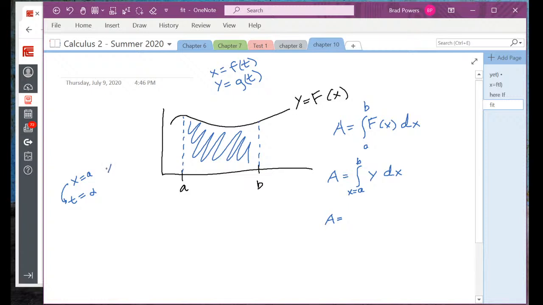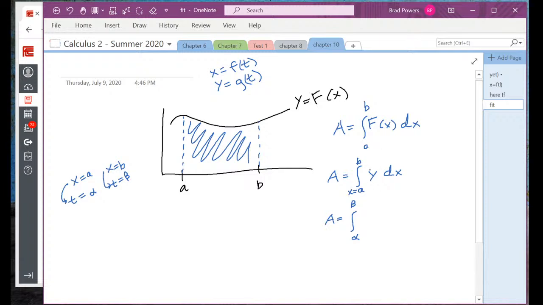And let's say when x equals b, t is beta. Let's just say that for now, just for our own sanity at the moment. And let's do that, because what happens when we do a substitution? You use substitution a lot of times. Well, we're switching from x values to t. Well, we have new limits of integration, right? Okay. Well, we're going from alpha to beta now.